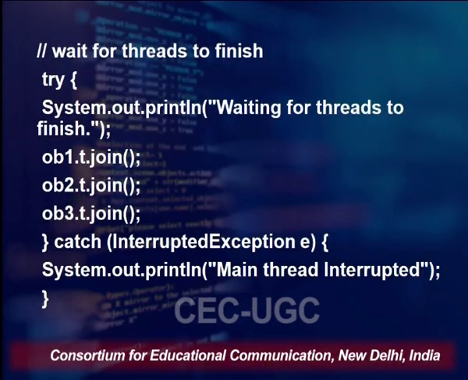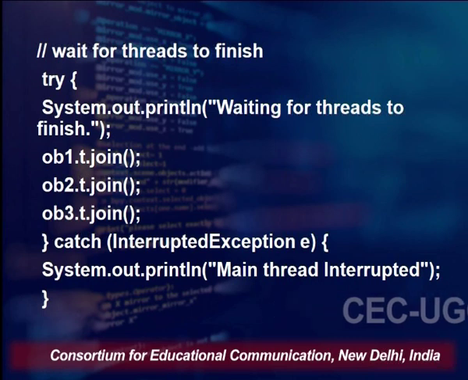Now this was isAlive. If the thread is alive, then we may use our join method also, which waits for the threads to finish. We have used try catch, because I have told you that join throws an InterruptedException, so that has to be enclosed inside a try catch block. The try block prints a simple message, waiting for threads to finish.